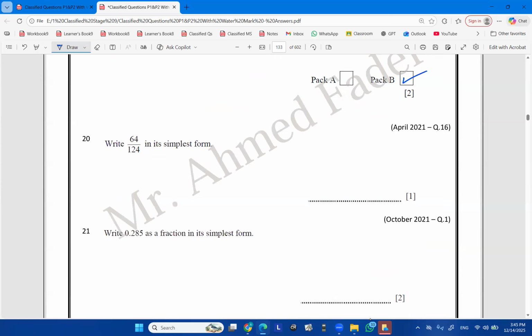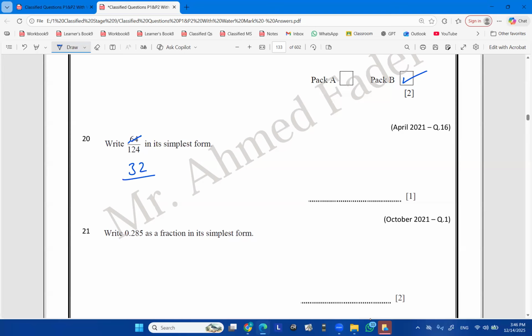Write 64 over 124 in its simplest form, dividing this by 8. Will 8 work? Well, no, 8 will not work. But let's simplify by dividing by 2. Good. So dividing by 2 is going to give me here 32.